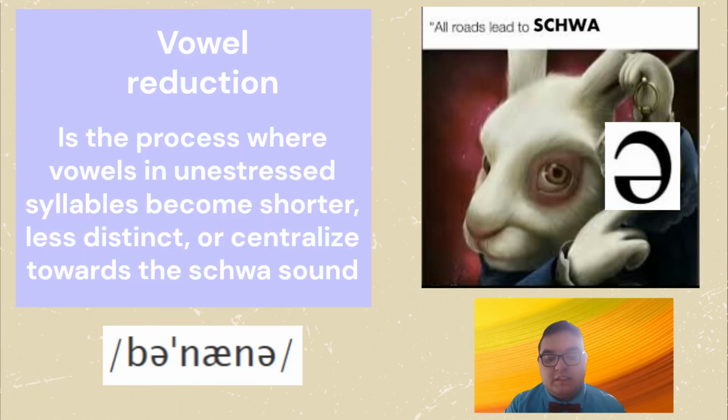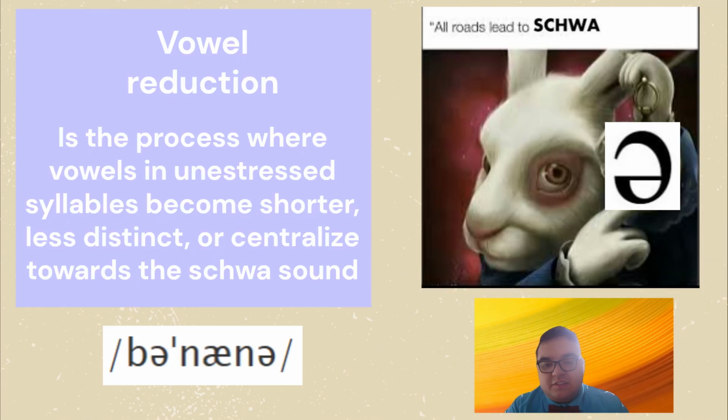The first one is vowel reduction. In this case, we say a vowel without really putting effort into it, and therefore it starts sounding more like the schwa sound, which is also known as the lazy vowel. It is a very common sound in English.